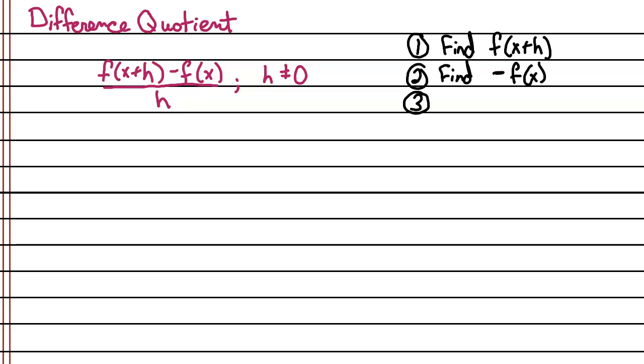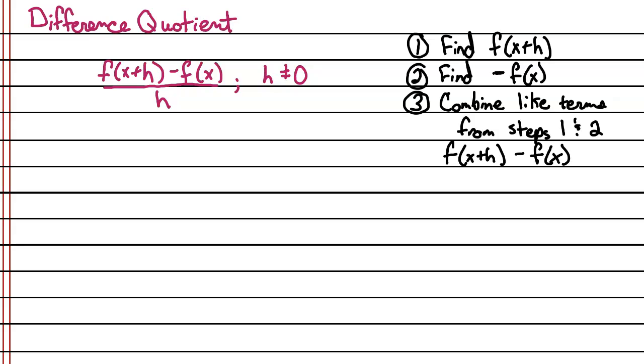Third, combine like terms from steps 1 and 2. This will give you f of x plus h minus f of x. In other words, it will give you the numerator here.